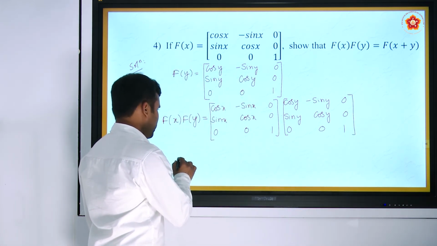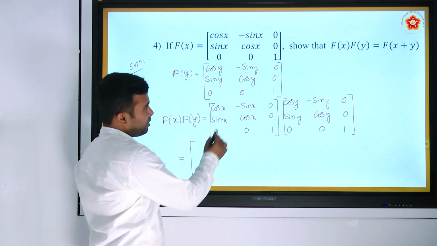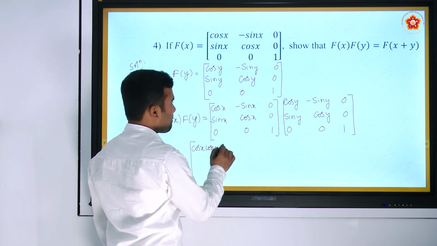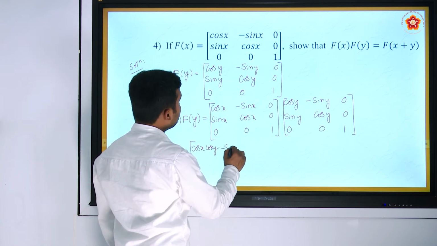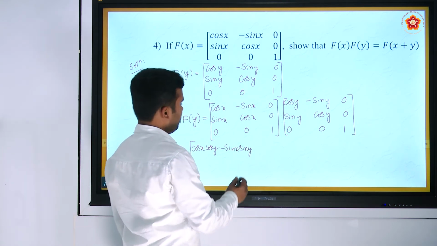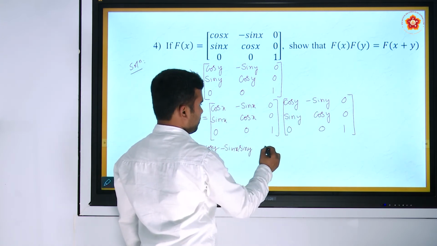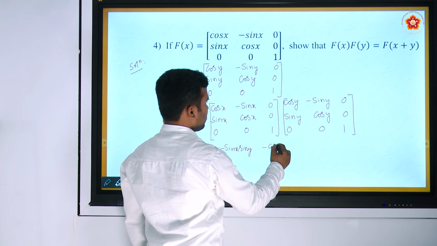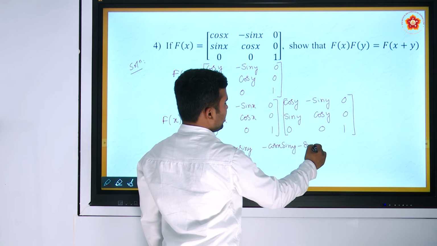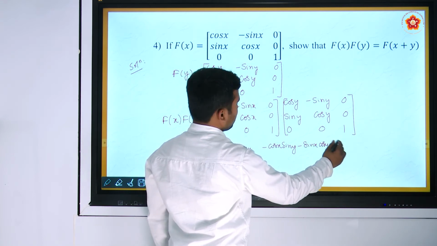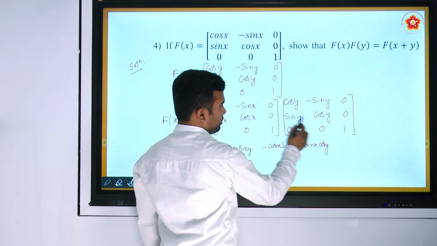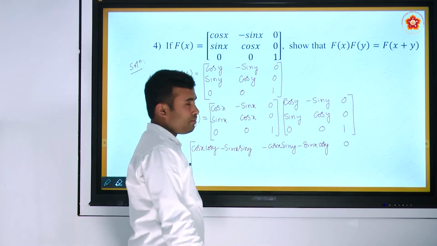Now you multiply this. This is equal to cos x cos y minus sin x sin y. Okay. Next, first row into second column, that is minus cos x sin y minus sin x cos y, plus 0 into 0, 0 into 1. So the entry becomes 0.